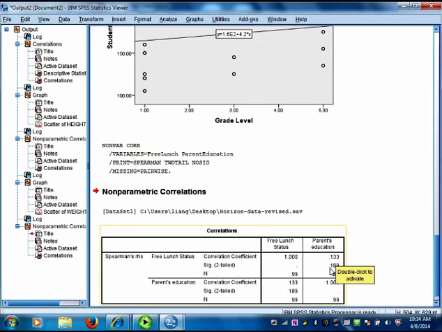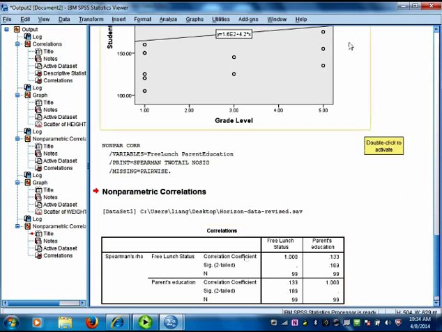The type 1 error is 0.189, much larger than what we set as a benchmark. So in this case, we can say there is truly no significant correlation between parents' education level and the children's free lunch status.